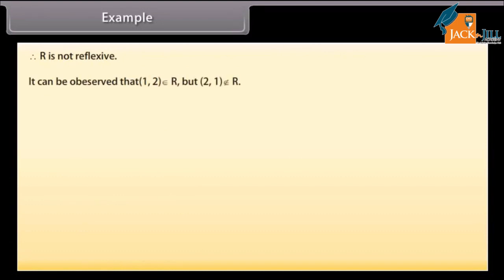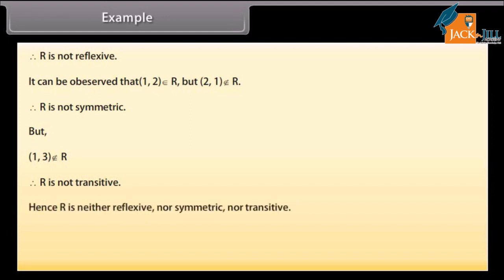It can be observed that (1, 2) belongs to R but (2, 1) does not belong to R. Therefore, R is not symmetric. But (1, 3) does not belong to R. Therefore, R is not transitive. Hence, R is neither reflexive, nor symmetric, nor transitive.